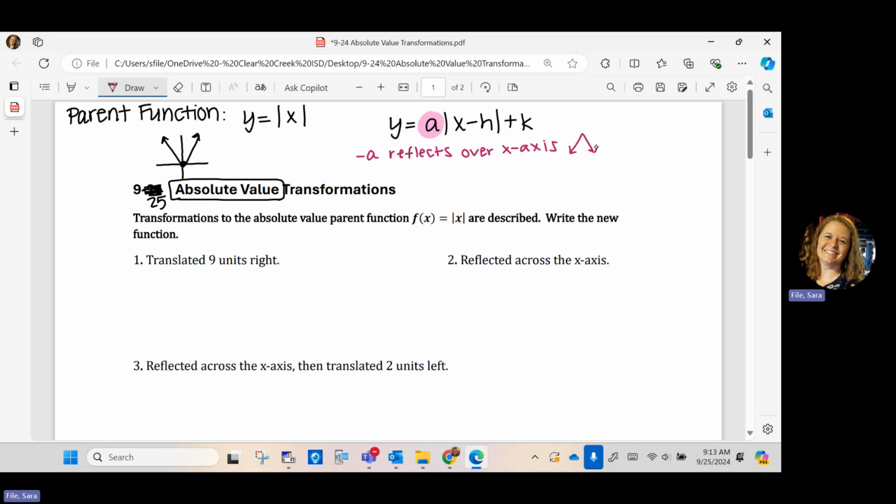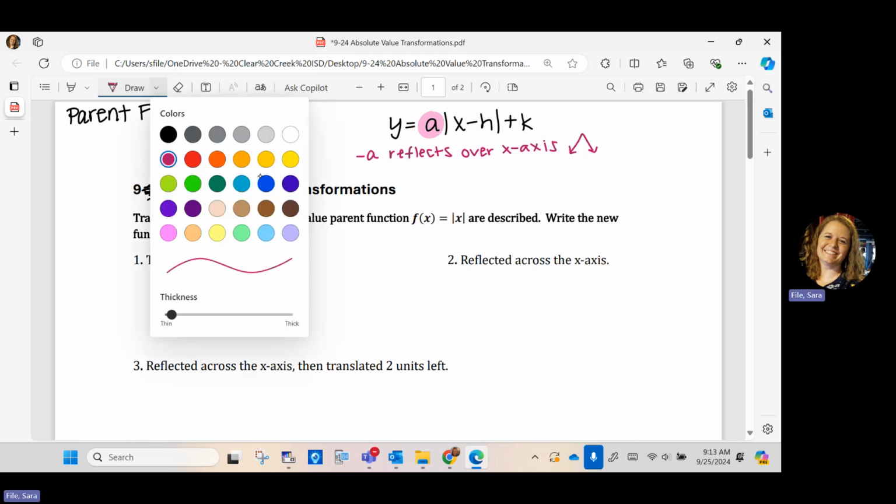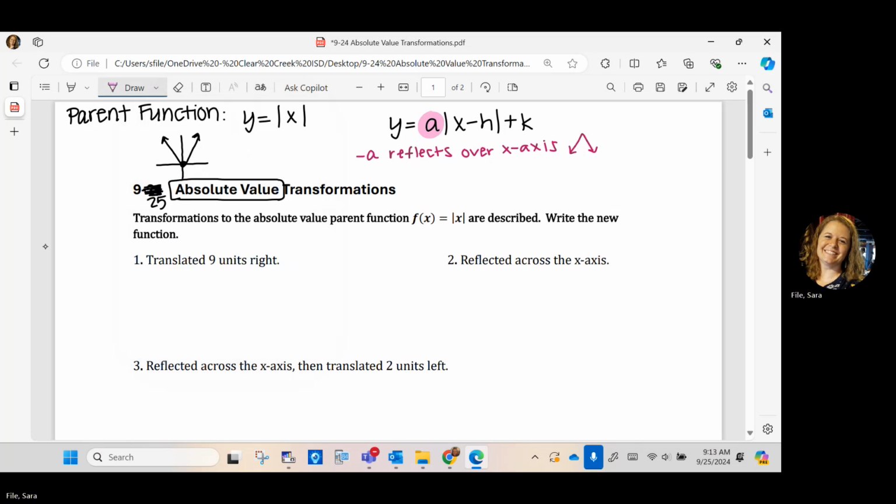And then the value of A, the number value, so that is in the parent function, what's in front of the absolute value bar outside here. If no coefficient is written, what's understood?